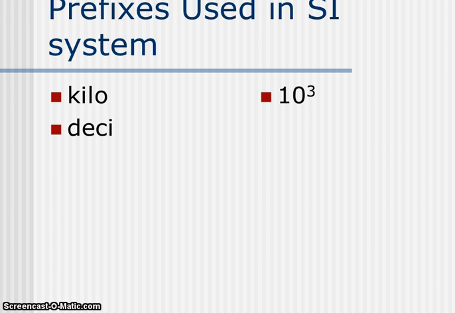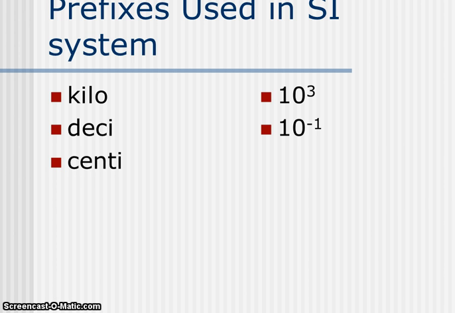If we talk about deci, deci means a tenth. So that means a decimeter is a tenth of a meter, or there are 10 decimeters in 1 meter. And you can think of that kind of like a dime and our dollars. You need 10 dimes per dollar, just like you would need 10 decimeters per meter.